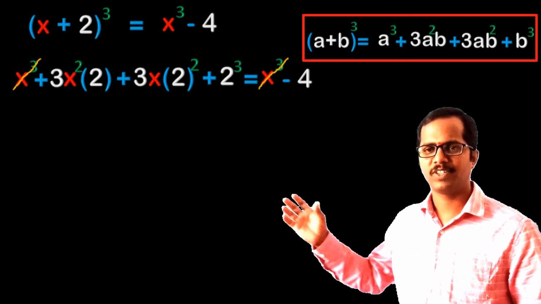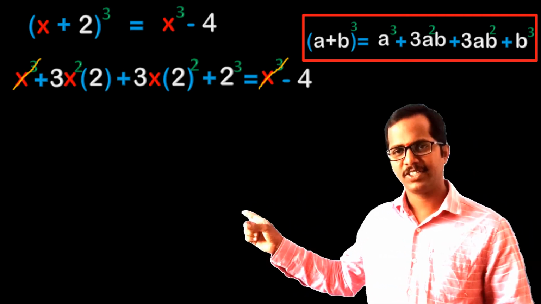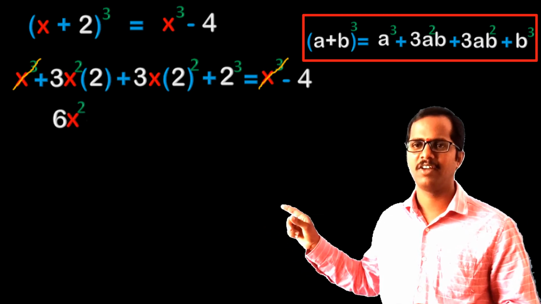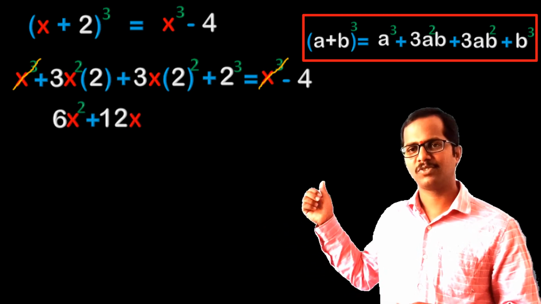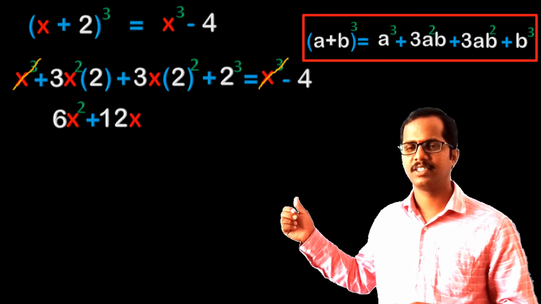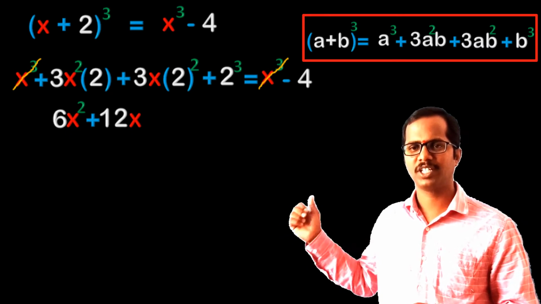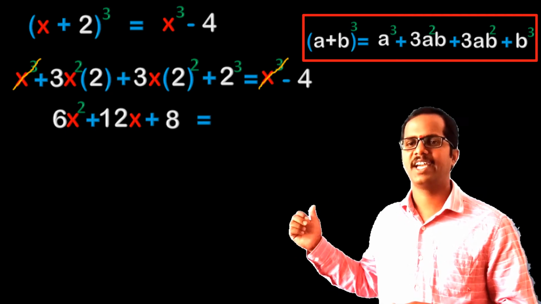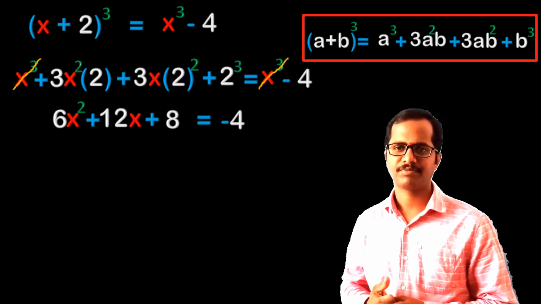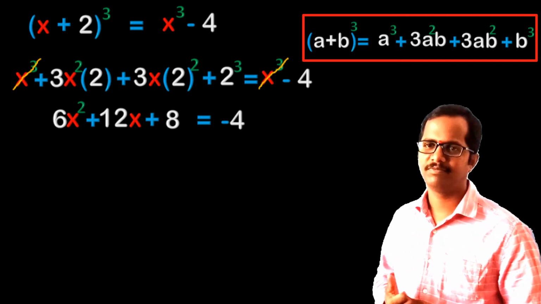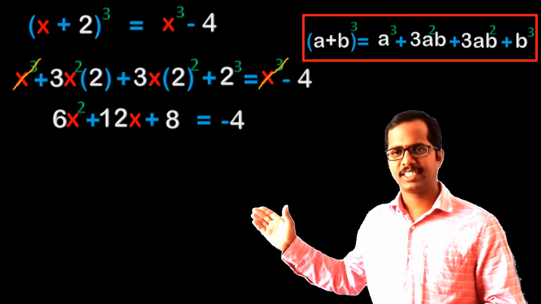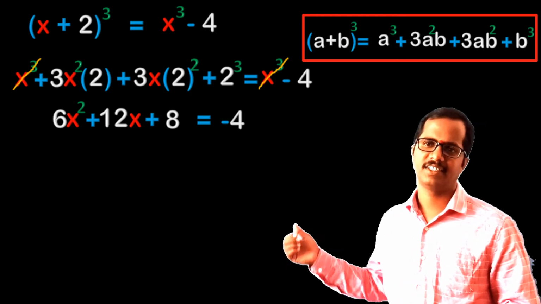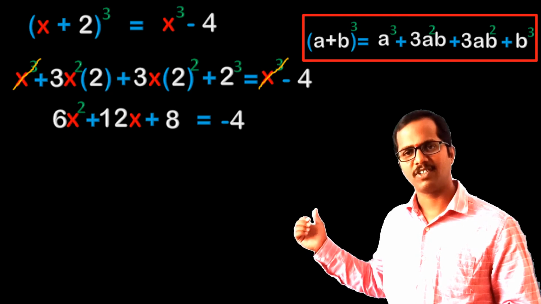So by removing them we get 3 into x square into 2, which can be written as 6x square plus 3 into x into 2 square, which can be written as, here 2 square is 4, 4 into 3 equals to 12, 12x plus 2 cube equals to 8, which equals to minus 4. So now what we have? 6x square plus 12x plus 8 equals to minus 4.